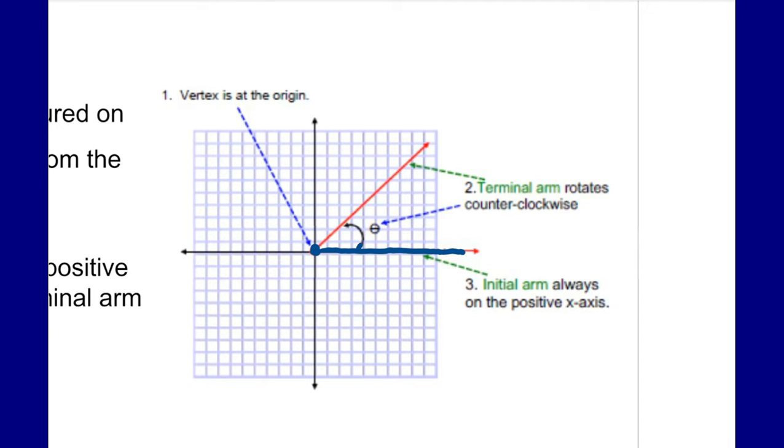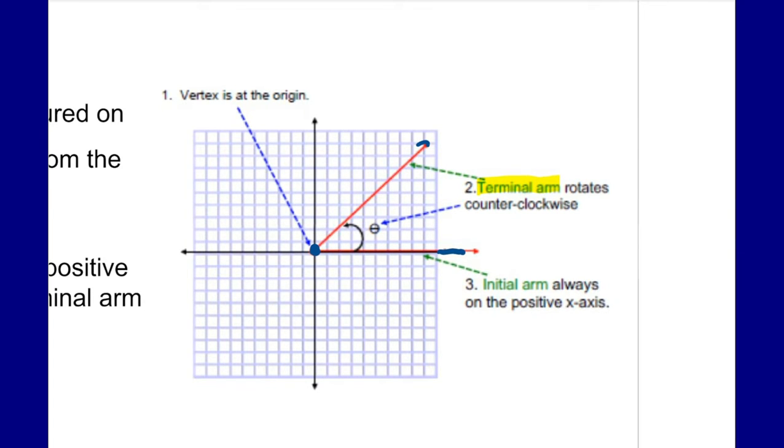We then have our angle that's formed between our positive x-axis and another line, which we call the terminal arm. And generally speaking, this rotates counterclockwise. So it goes from quadrant 1 to 2 to 3 to 4. And then this angle is formed between that initial arm and the terminal arm. And the vertex is at the origin. So that's essentially what we're looking at in terms of our angles.